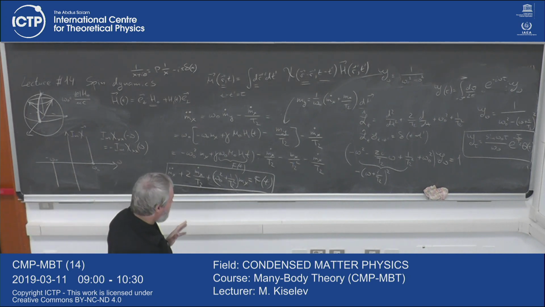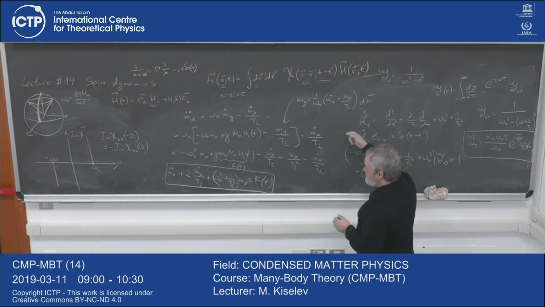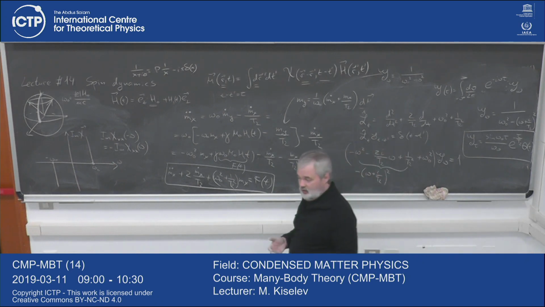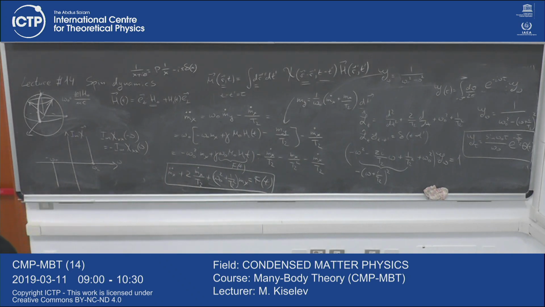So, by the way, the equations with dissipation are called Bloch equations. They are used to describe the dynamics of microscopic magnetization in the presence of dissipation.